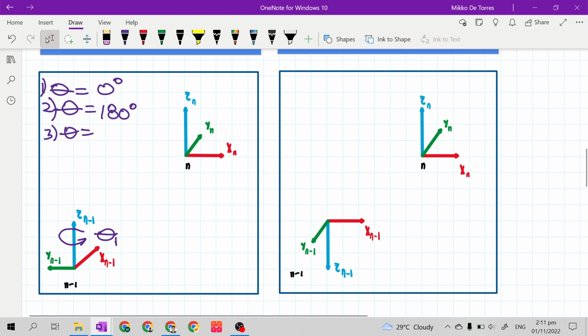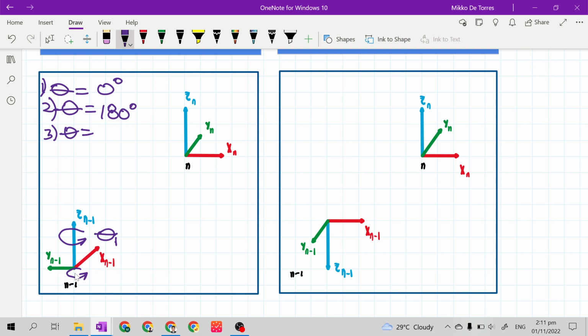We are rotating counterclockwise, so the value of theta to match x sub n minus 1 to x sub n is 270 degrees, from the back up to the right.